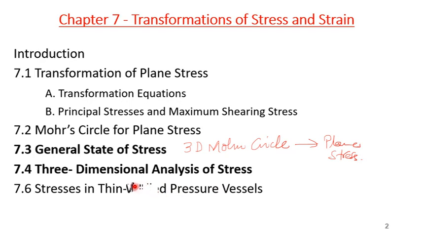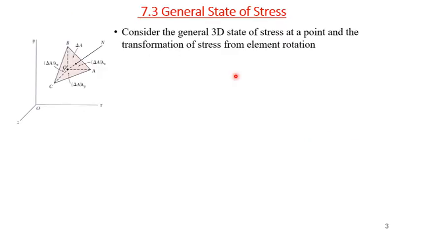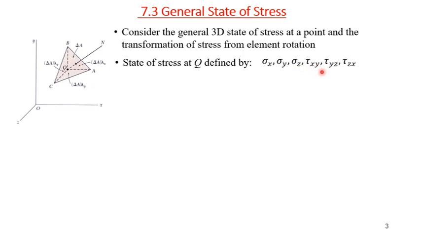Now let's consider an element which has a 3D state of stress, in which we have non-zero stresses sigma x, sigma y, sigma z. So we have all six stress components at a single point Q, and we are taking a tetrahedron on that element.